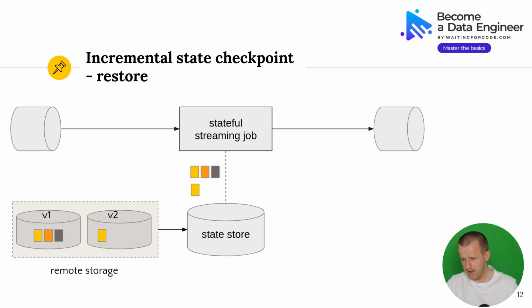Later we update the keys with all new entries. Here we have only 1 update for the yellow entry, and we load it from the fault tolerance storage and update it in memory. So you can see it's very incremental and it can be slow depending on the number of files you have to load.